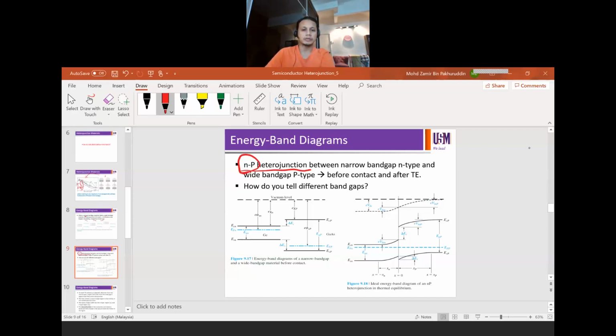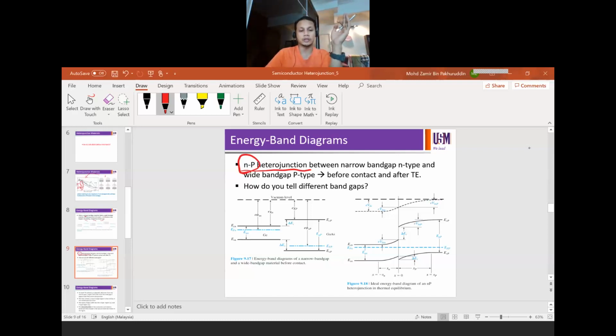Let's look at the left diagram. Those are the band diagrams for both materials before joining each other. Just like what we learned before in the metal semiconductor junction, the concept is the same.